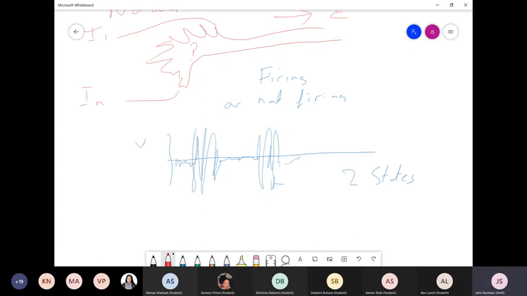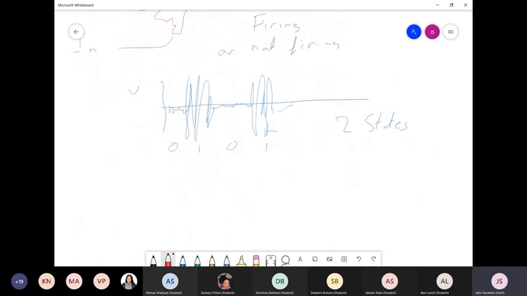We could call this state 0 for not firing. We could call this state 1, 0, 1. So we can interpret the voltage signal as a binary signal. And just out of interest, the magnitude of the voltage on a nerve would be about 100 millivolts.